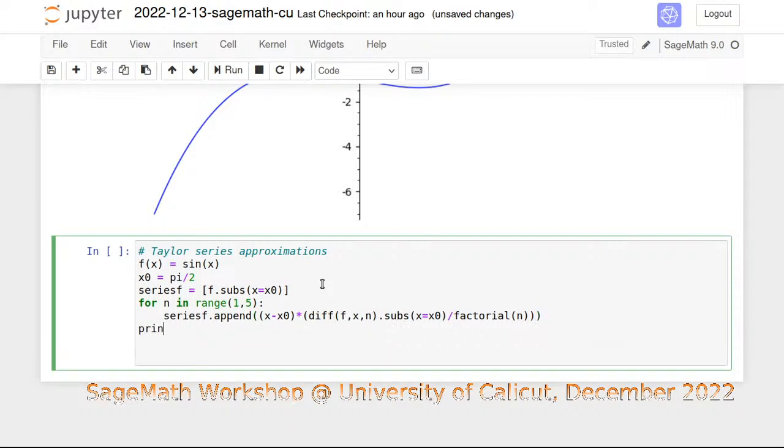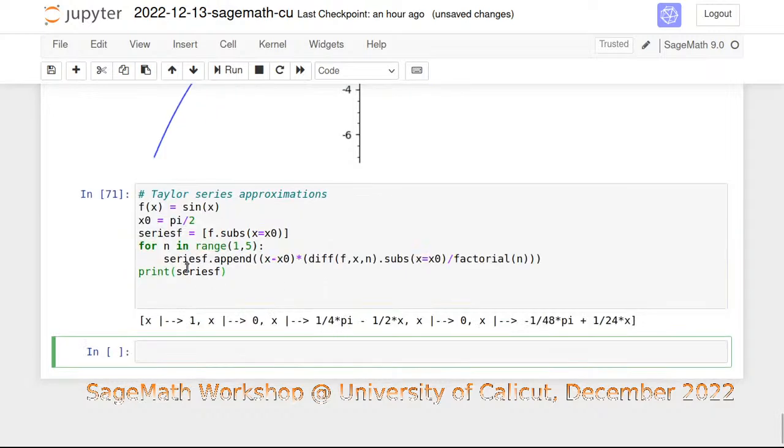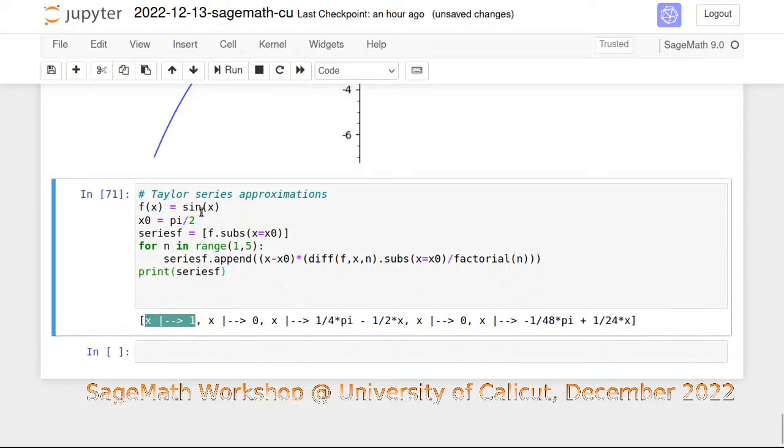Let's try to see what this series f is. So the first time appended is just 1, because we can see that this is sin pi by 2. Second time is 0. So second, fourth times are all 0. All the even times are 0, right? So 1 plus 1 by 4 pi.